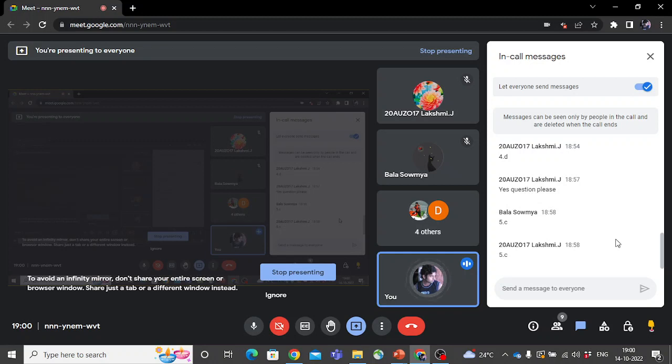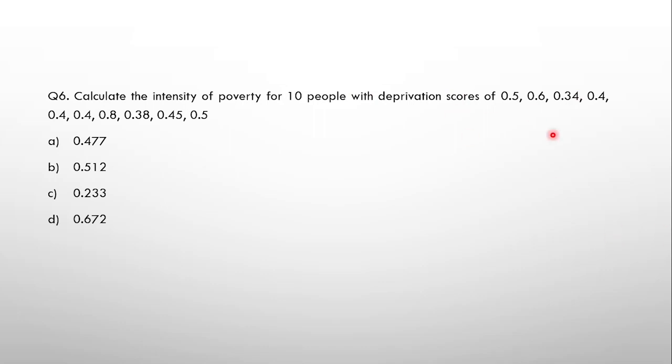I hope everyone understood what this intensity of poverty means. For each individual, you have a total deprivation score that you calculate using the table. This is the individual total deprivation score, for example 0.5.